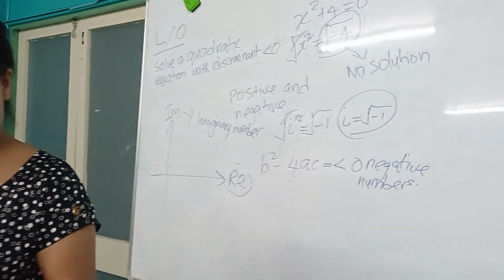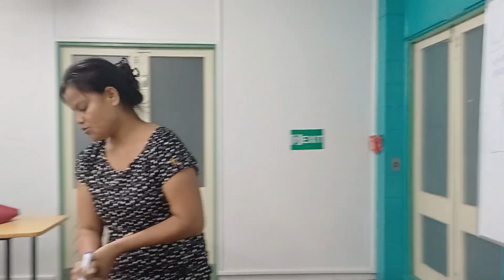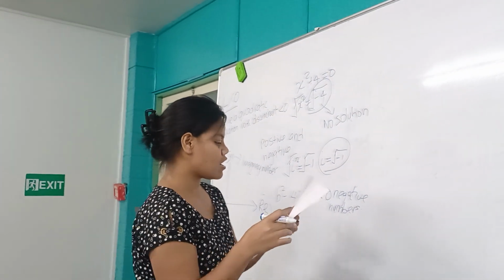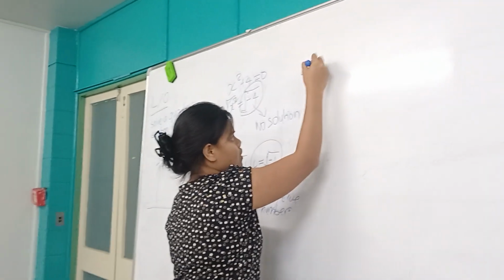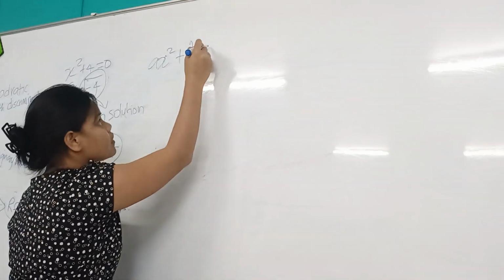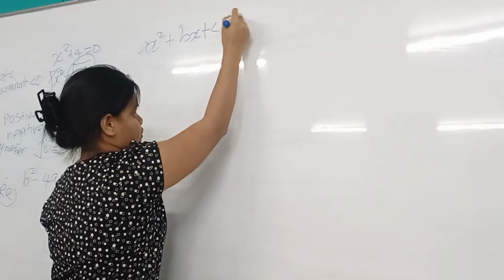Okay, students, can anyone tell me what the form of a quadratic equation is? Thank you, Tom. ax squared plus bx plus c equals 0.